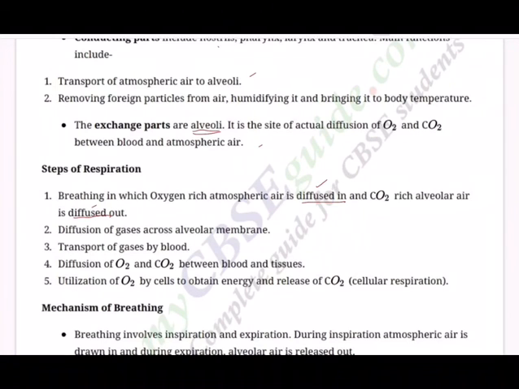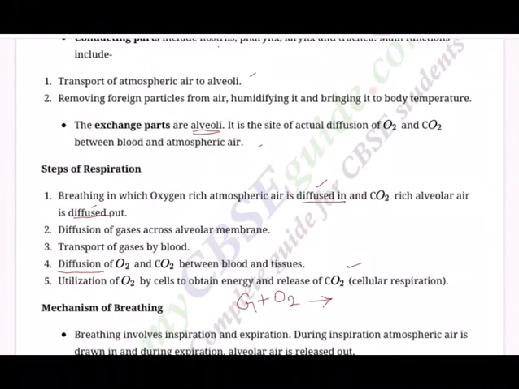So basically, what is the mechanism that is involved? It is the diffusion. So we said diffusion of oxygen and carbon dioxide between blood and tissues. Utilization of oxygen by cells to obtain energy and release of CO2. As we said, the glucose that is present inside the cell gets oxidized or combines with the oxygen that is coming through breathing, and then glucose will be broken stepwise.